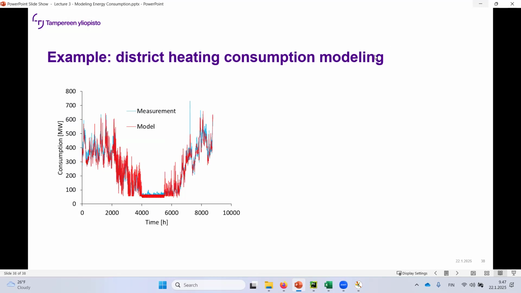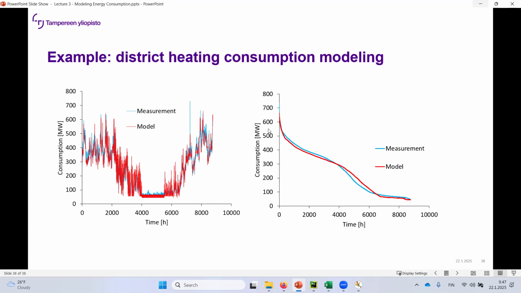And this is what I got. I have the measurement and I have the model. So I'd say that's a rather good fit. And if you look the consumption and measurement in load duration curves, it looks even, well, somewhat even better.